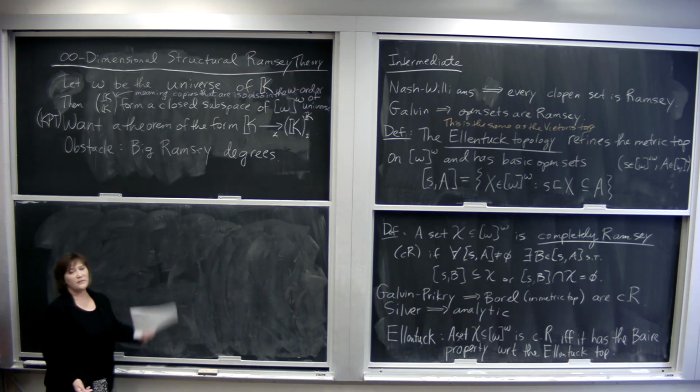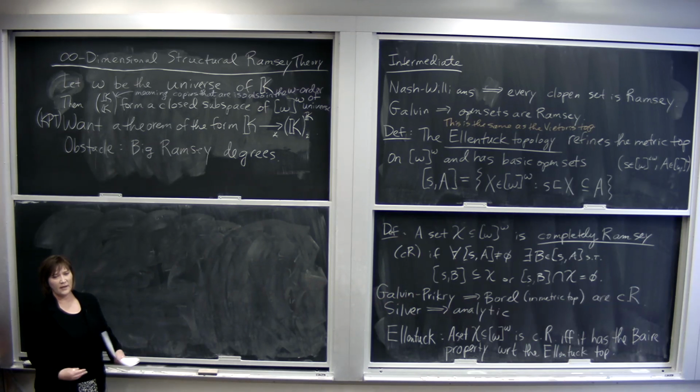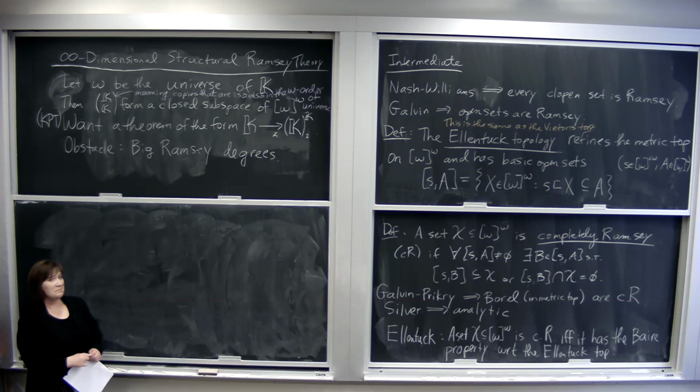You can always enumerate the universe of K, and once you enumerate the universe of K in order type omega, that itself starts introducing these obstructions to getting one color for all copies of the same. It seems to me, in my opinion so far, that this is really the essential difference.